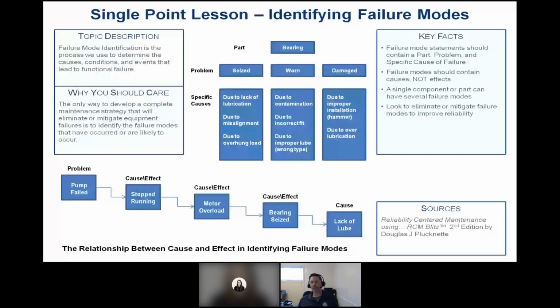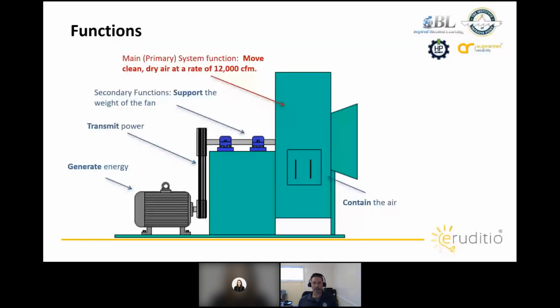Now, where does the PF interval come from, and how does that fit into an overall maintenance strategy? Well, I want to take a couple steps back still, and let's talk about how we've come to understand the PF interval. So let's talk about functions first. The primary function of an asset is the reason why we bought that particular asset.